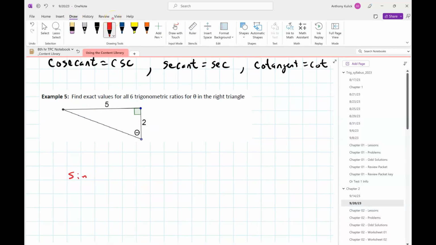Well, I'm going to need to do sine theta, cosine theta, tangent theta, and I'll have to do cosecant theta, secant theta, and cotangent theta. Okay, let's just start with sine. How do I do sine? From SOHCAHTOA?